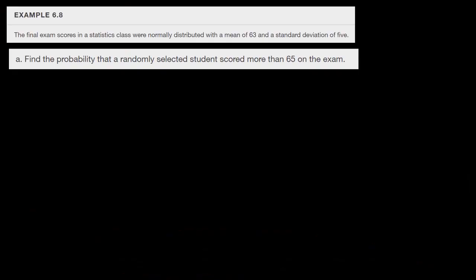Okay, so let's go ahead and get started by reading through this example. We have final exam scores in a statistics class that are normally distributed with a mean of 63 and a standard deviation of 5. So if X is the random variable for the final exam scores, then X is distributed, that little squiggly line means distributed, normal, and then the mean is 63 and the standard deviation is 5.